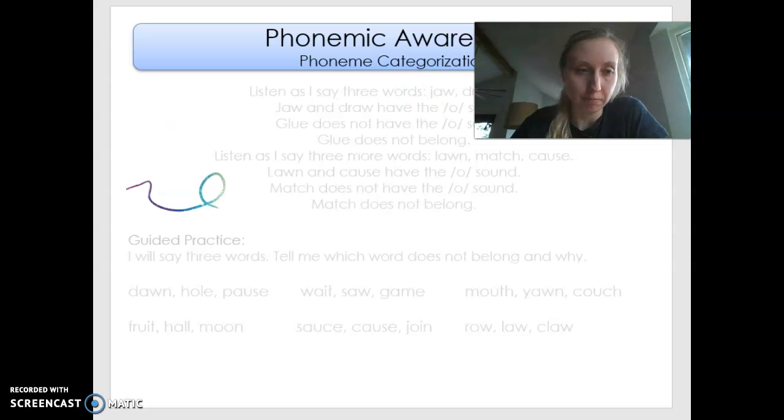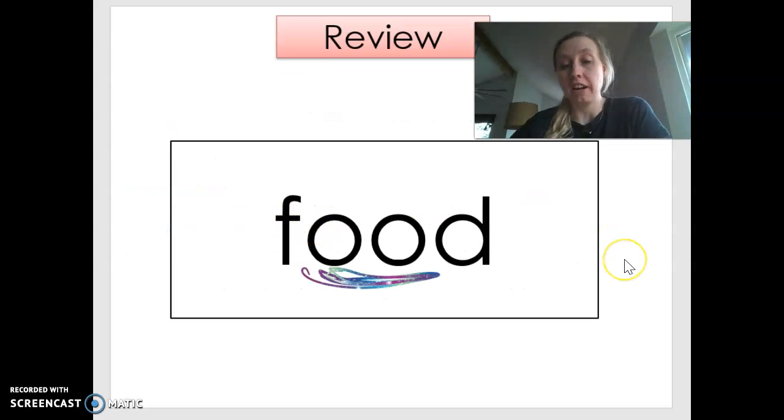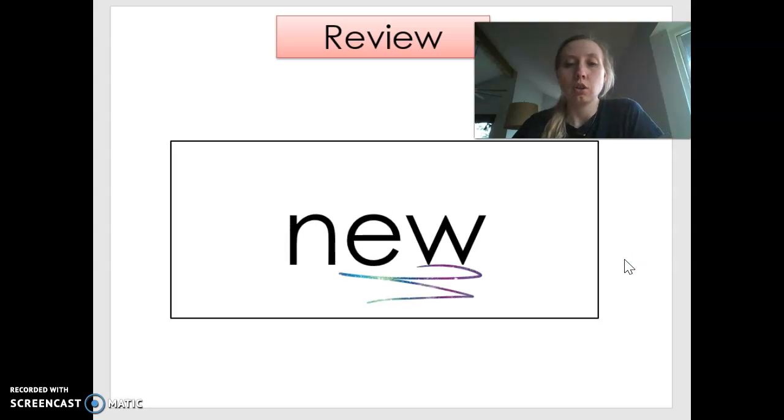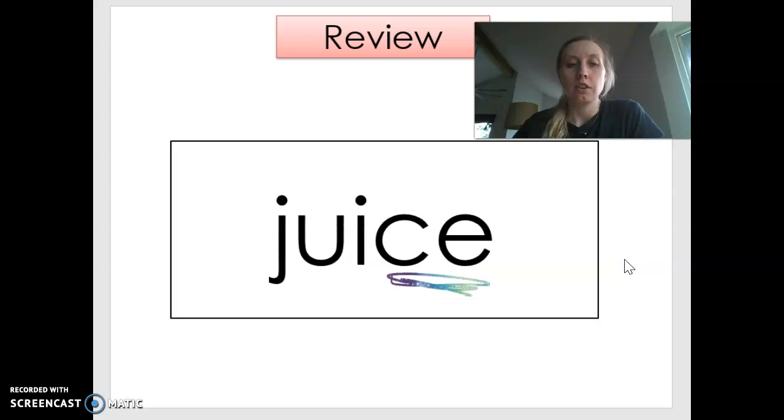Row does not belong. So last week we learned about variants. That means different spellings of oo. So we're going to quickly go over these and then move on. 3, 2, 1, food. 3, 2, 1, room. 3, 2, 1, new. 3, 2, 1, juice.